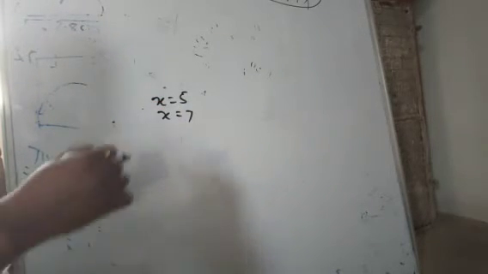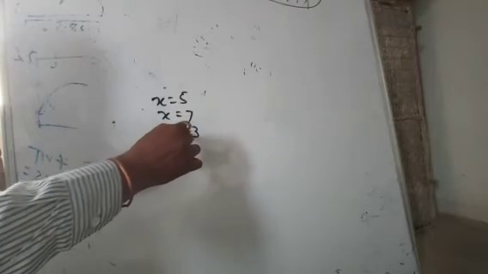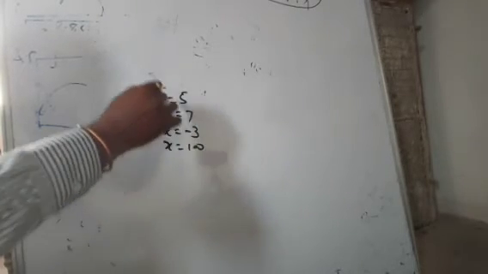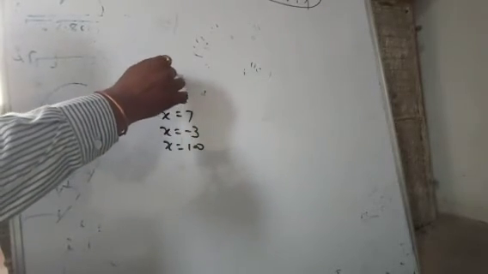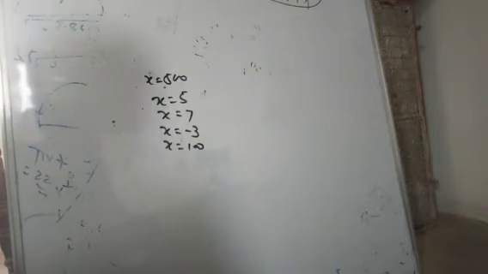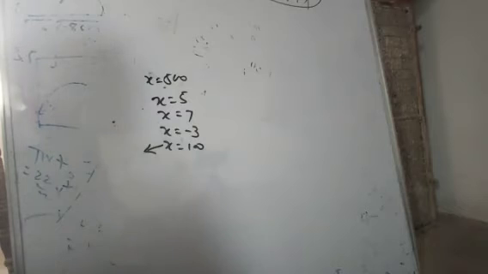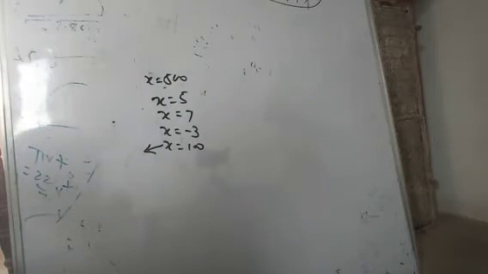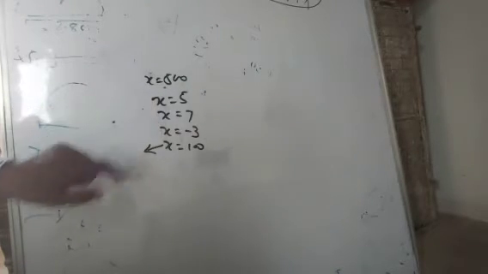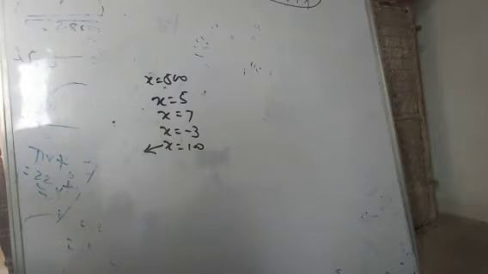If we solve, you will get x is equal to -3, x is equal to 100. Many times we have seen x is equal to 500. In this way, there is no constant value of x, it changes, means variation is there. This variation or change is called a variable, which changes.